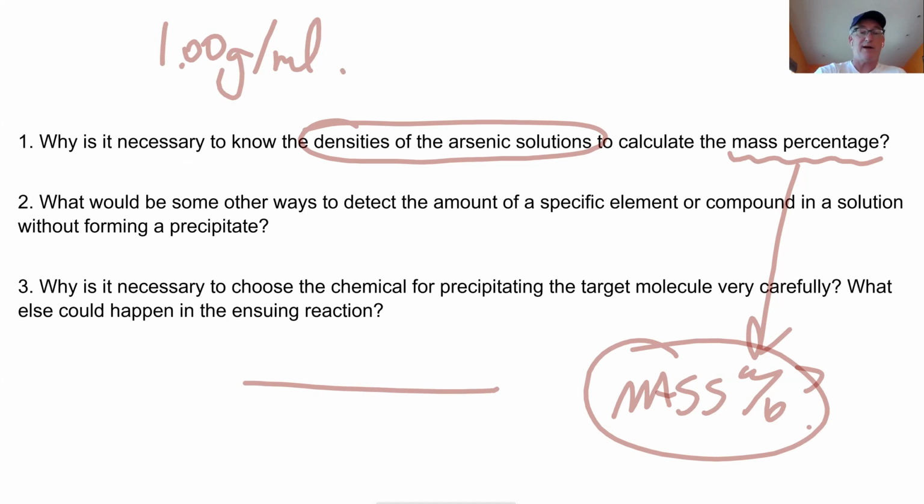Yeah, if I want to know the mass percent of arsenic in a solution, I put the mass of what on the top? What goes in the numerator there? Yeah, I want the mass percent of arsenic in a solution.